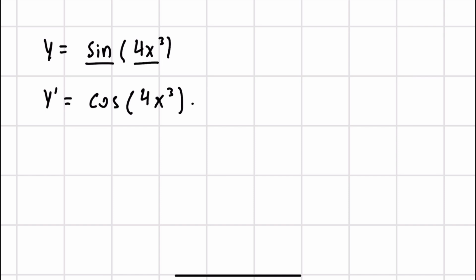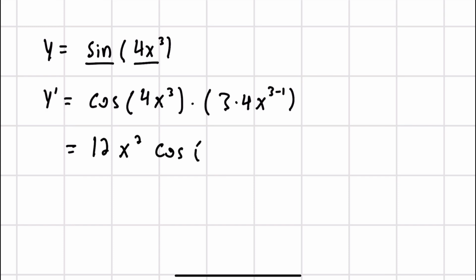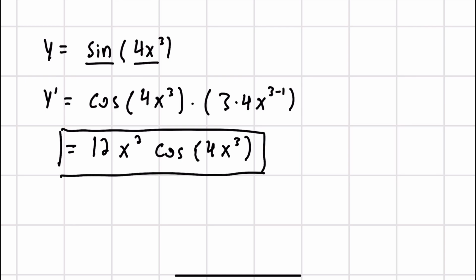So the derivative of 4x cubed would be 3 times 4 times x to the power of 3 minus 1. And this could be rewritten as 12x squared times cosine of 4 times x cubed. And this would be our final answer.